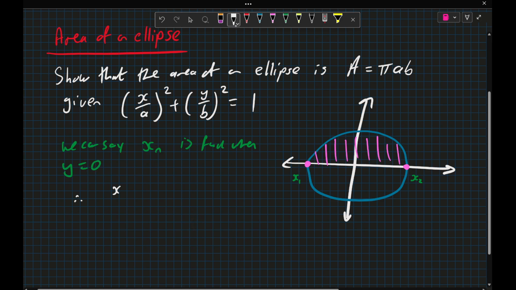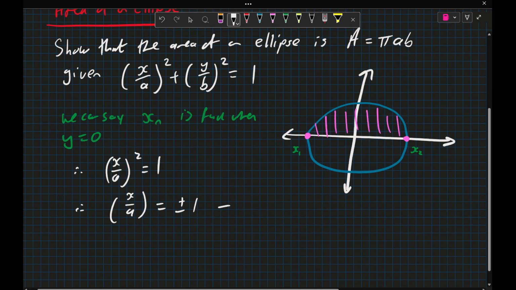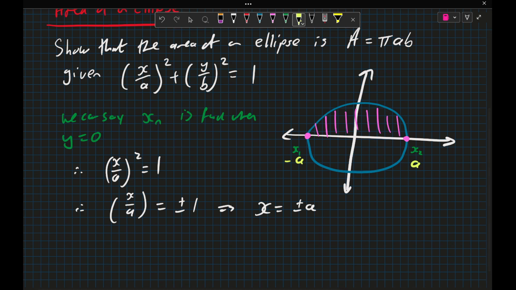So we get x over a squared plus 0 equals 1. Then just be careful when you're taking square roots, that's actually going to be plus or minus 1. So that implies that the x coordinates are going to be plus or minus a. So clearly we're going to have a plus a over this side and a minus a over this side. Okay, cool. We found where we're going to integrate between.